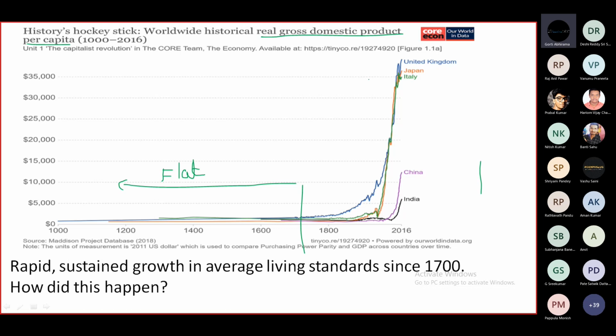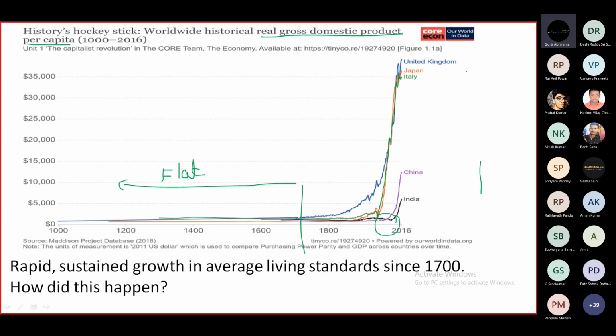So UK started maybe around 1700. If you look at India, it started somewhere in the 19th century. For China and India, it started particularly in the second half of the 19th century.